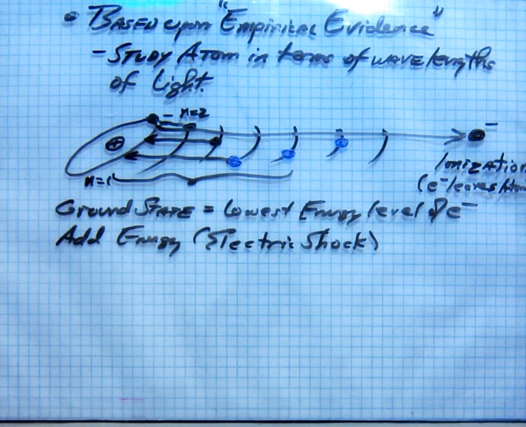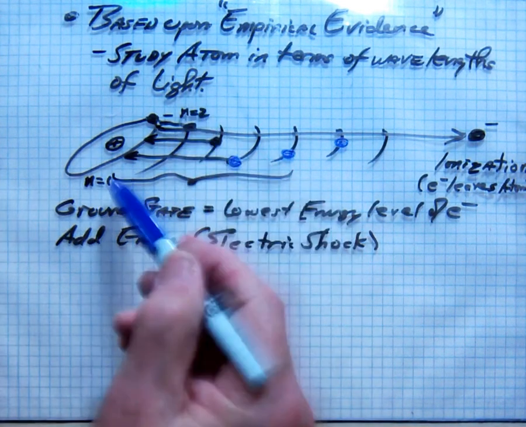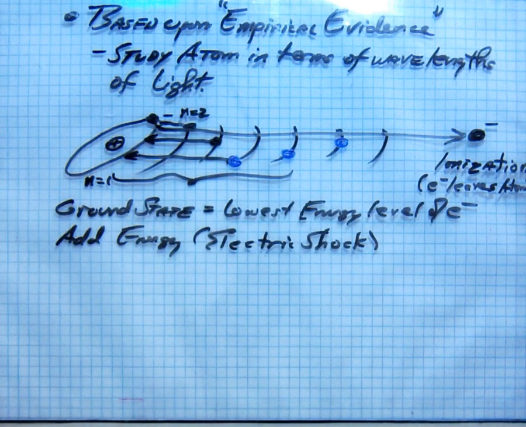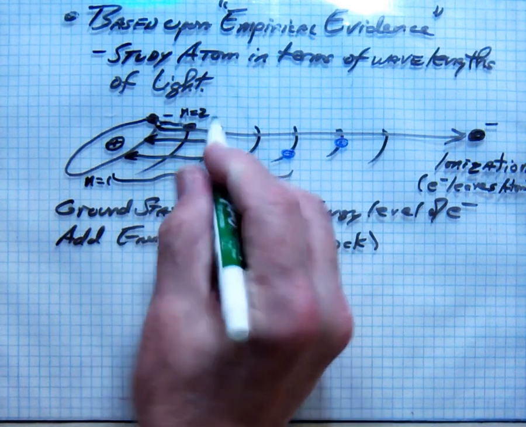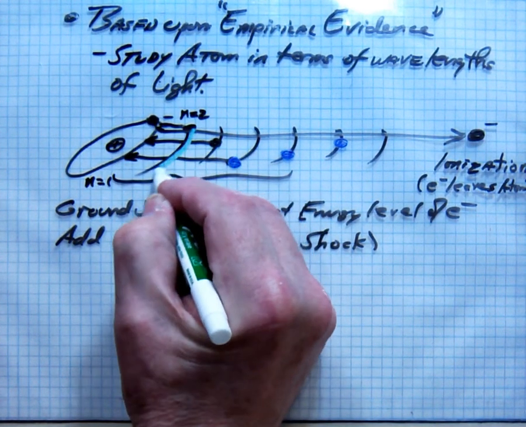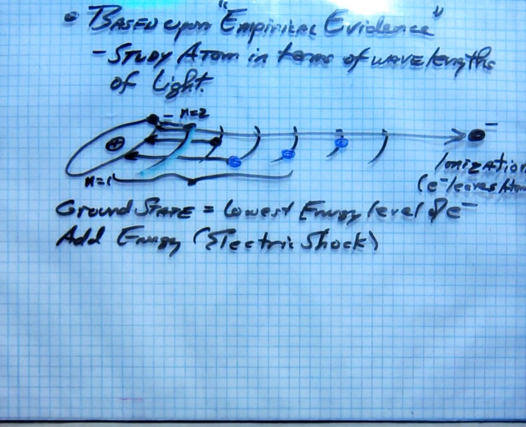But if it ends on the second energy level, let's see if I can find something that looks like a second energy level you can remember. There it is. I think this can be seen right here. It gives off light, that visible light.